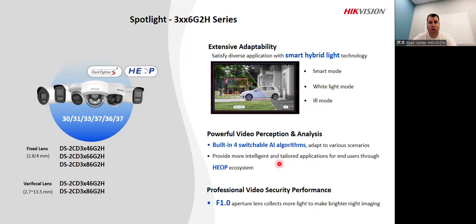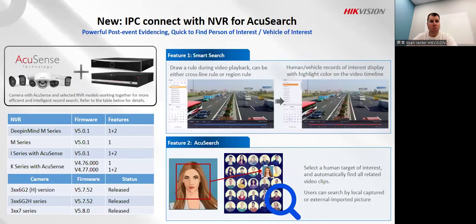The rest I think we've already mentioned. The smart hybrid light, you should be familiar with a little bit. If you're not familiar with anything, please do me a favor and have a look at our previous HikLeague videos on our YouTube channel called HikVision South Africa. You'll find it under there. There's quite a lot.